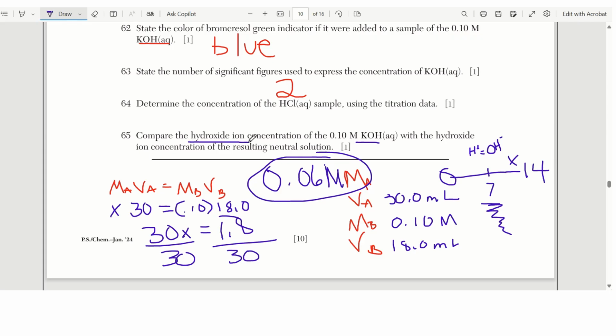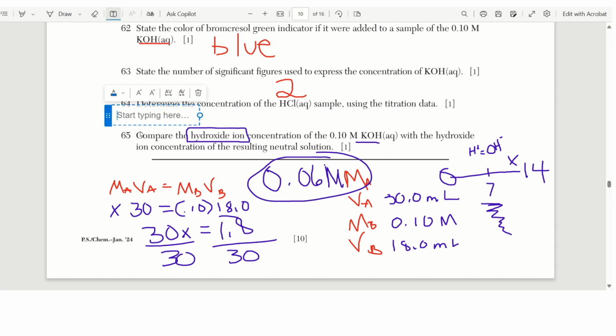I want to know how the hydroxide ion concentration compares. So that means the neutral solution has less hydroxide ions, right? The 0.10 molar KOH has more hydroxide ions. You don't have to say both, you just got to say one of them, okay? And that is the end of B2.